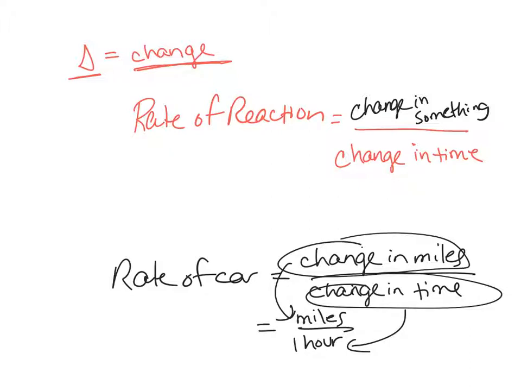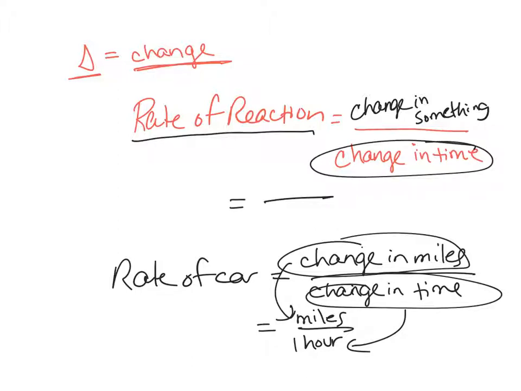So we're going to do the same idea for a rate of reaction. Our change in time for a rate of reaction is usually going to be number of seconds. So we'll measure the number of seconds usually, but it could be minutes, just some sort of change in time. The real question is, how do we measure what is changing over that period of time that shows us the reaction has moved forward?